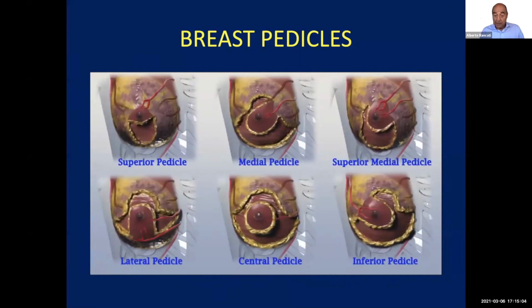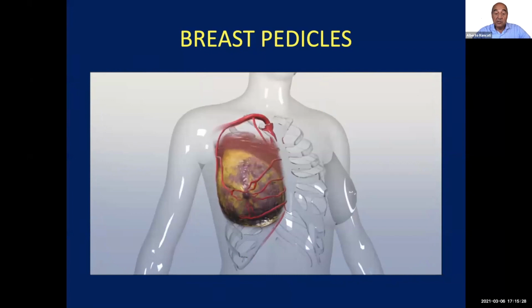So here you have a picture of the different pedicles depending on the resection. Usually, as you see, contrary to the pedicle is the resection. So this is a very simple way to decide what pedicle you need to preserve in your mastopexy, breast conservative surgery, or breast reductions.